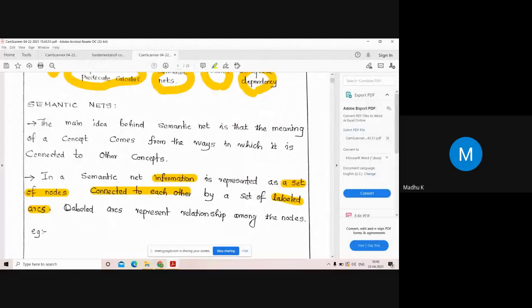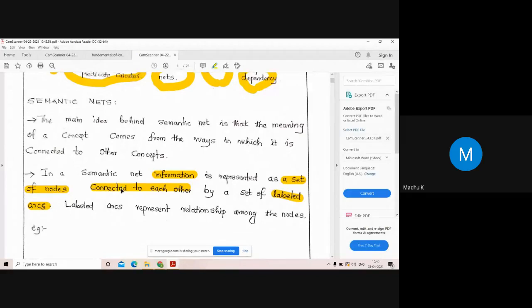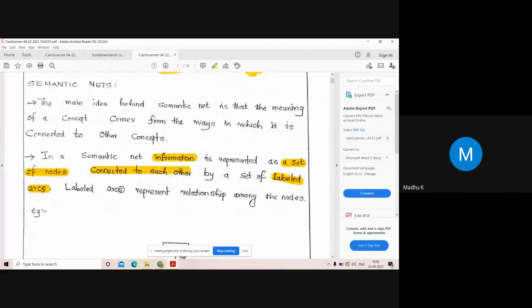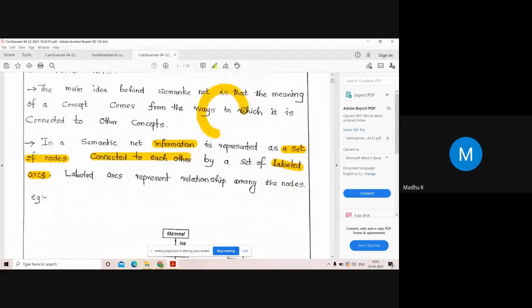So in this case, what is a node? A node represents knowledge. Nodes represent knowledge or a concept, and the nodes are connected to each other. What does this connection mean?